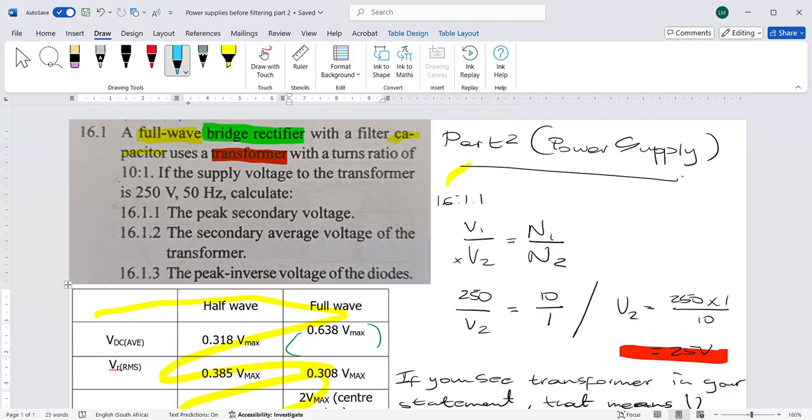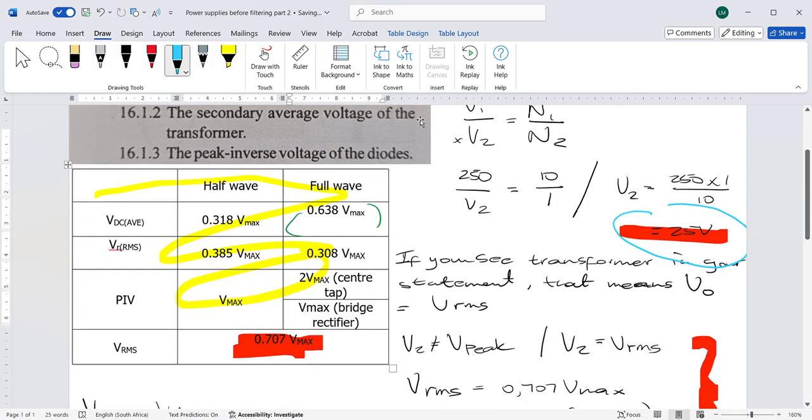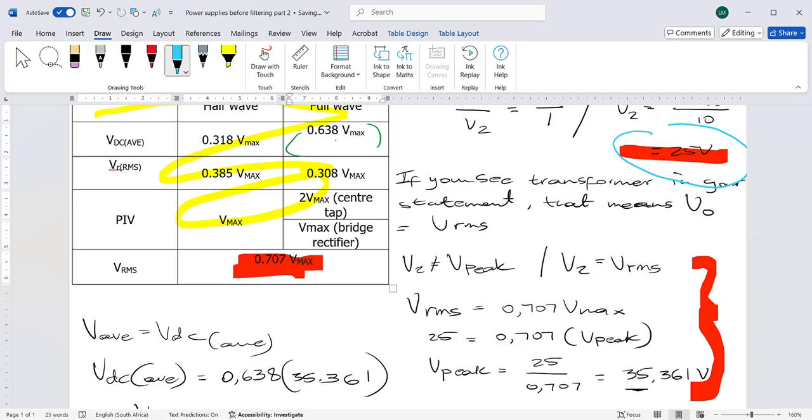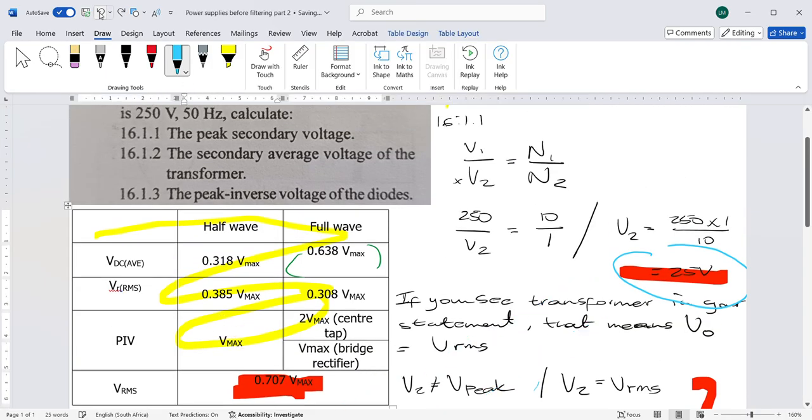If you did not see the transformer, then you were going to use 25 as it is, and as a result you were going to get V peak wrong, and also you are going to use 25 here, which also becomes incorrect. So please be mindful of such things whenever you do those calculations.